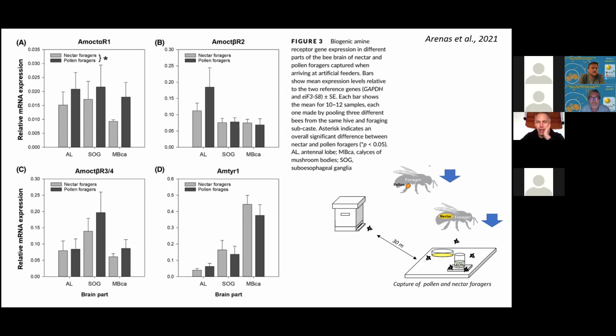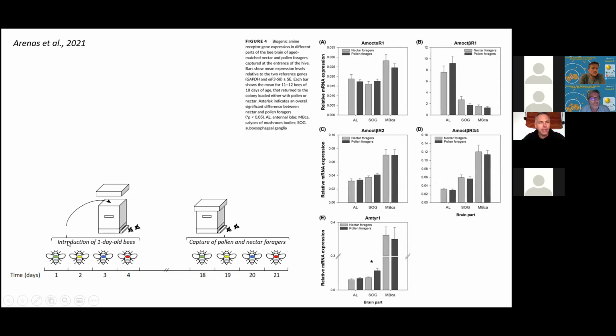And a different experiment, similar but a bit different, was performed with known-age bees that were introduced into the hive. We waited about 2 or 3 weeks and recaptured them when they were returning, either loaded with pollen or nectar.